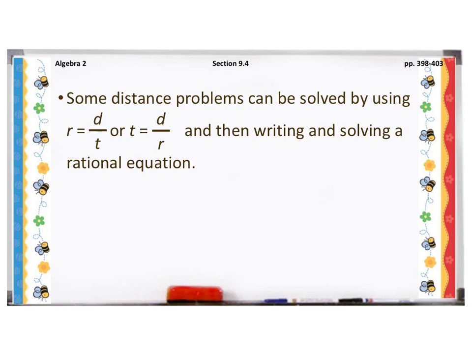Okay. All right. So some distance problems can be solved by using rate equals distance over time, or time is equal to distance over rate, and then writing and solving a rational equation.